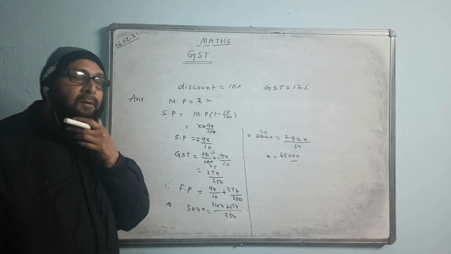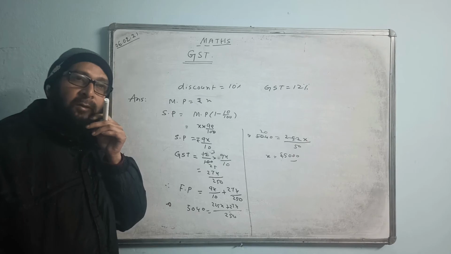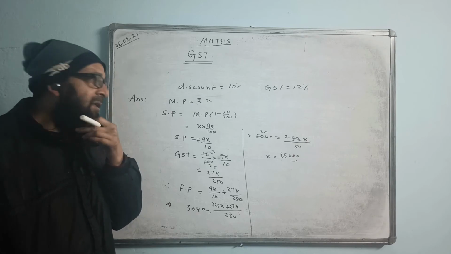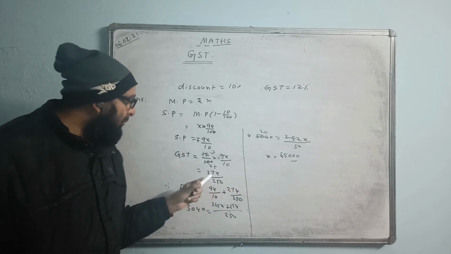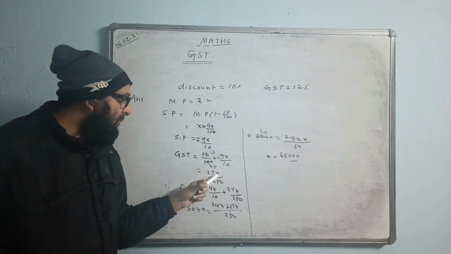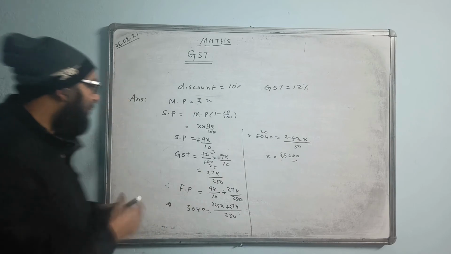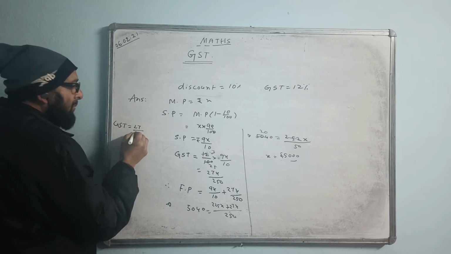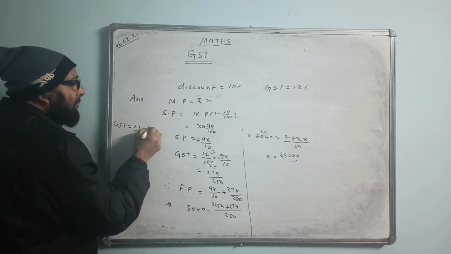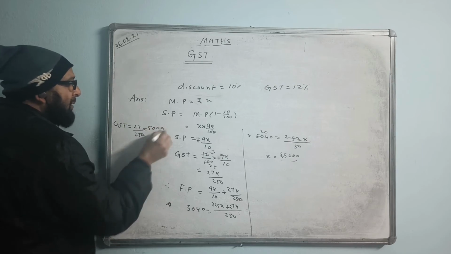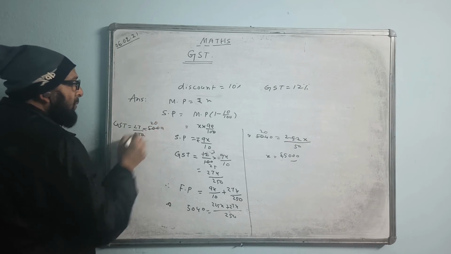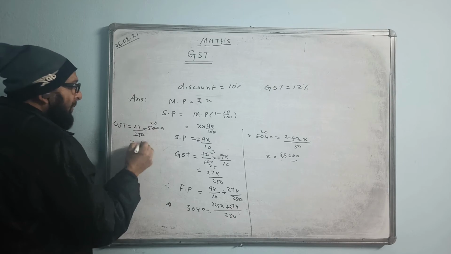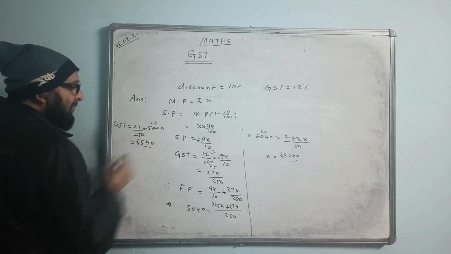If they ask you what is the amount of GST, or what is the value of IGST, then put the X value here, 5000, and calculate how much the GST is. GST value is 27x by 250, with the X value 5000. Now cancel it. 25, 20 times will go. It's coming 540.